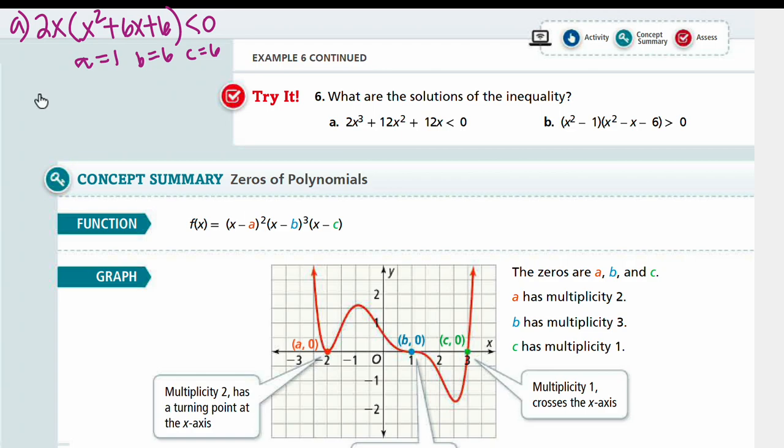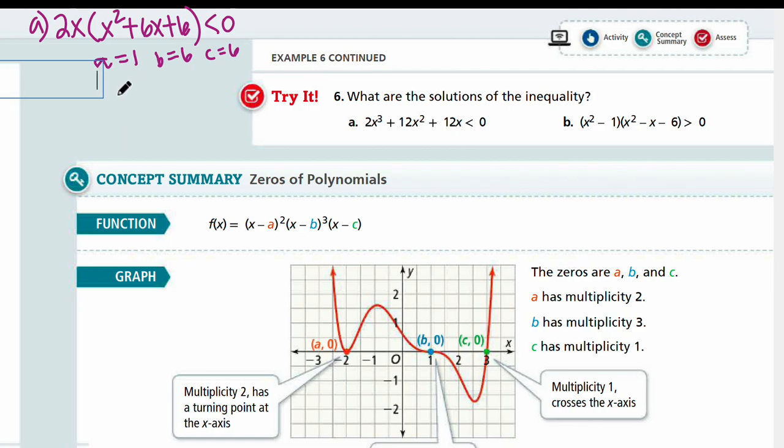So plugging into the quadratic formula, we have negative 6 plus or minus the square root of 36 minus 4 times 6, and then all over 2a, which is 2. And so this is x.